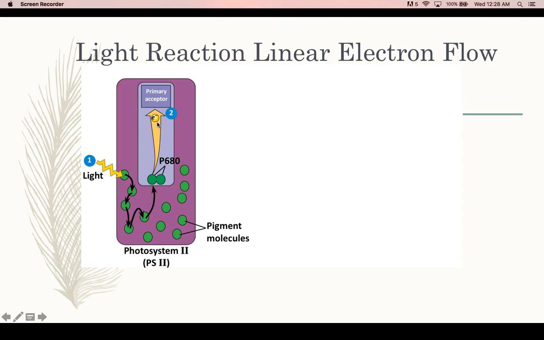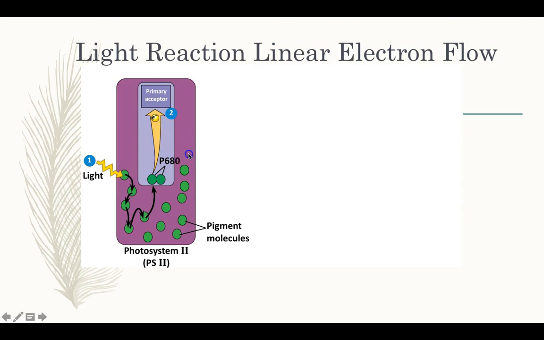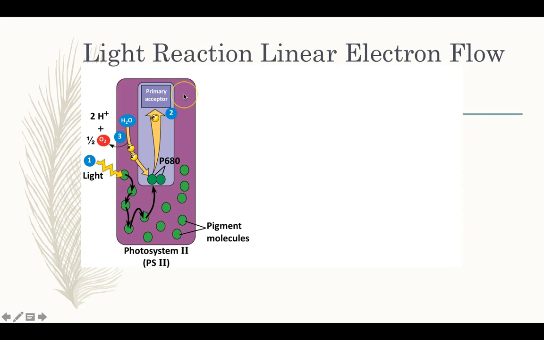So P680 is no longer P680, it is now P680 plus. So P680 plus is the strongest organic oxidizer that we know of. So now this is an oxidizer. So it is going to essentially steal the electrons from something else. What are the electrons going to come from? Water.